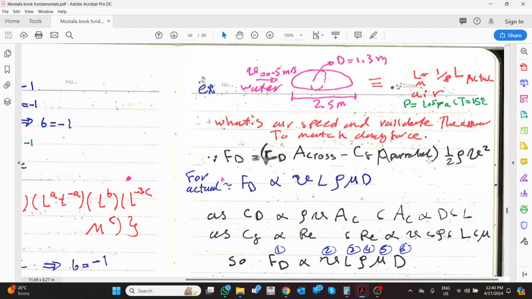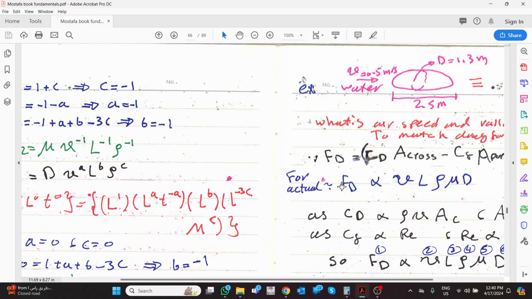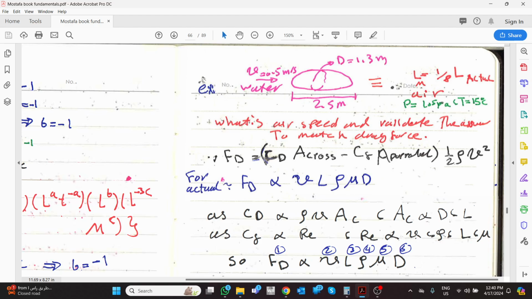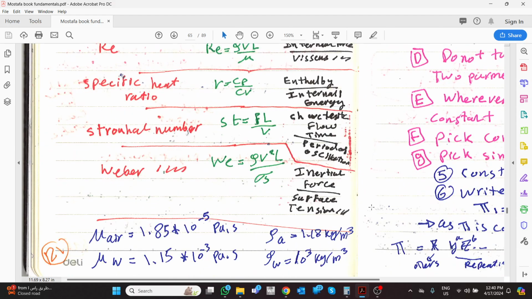I know the density is in both formulas, but bear with me. CD times cross section is 0, equals 2D. It's remaining only CF. CF is multiplied by density, okay? What is CF?